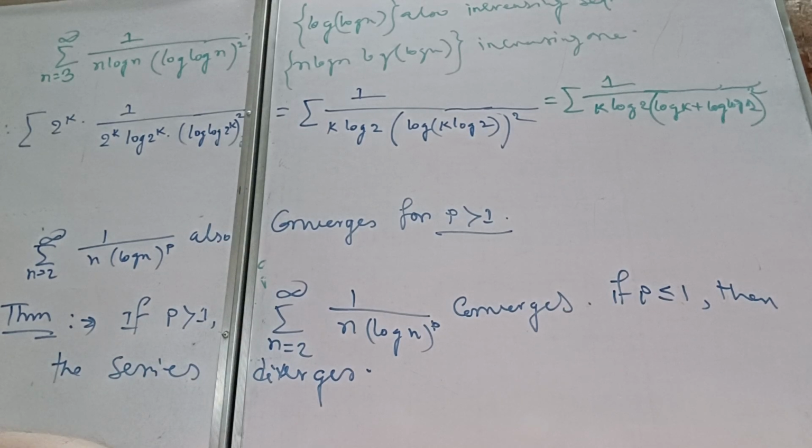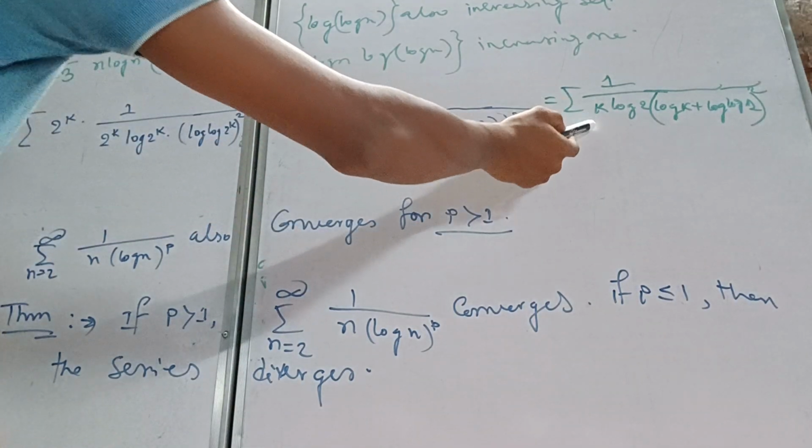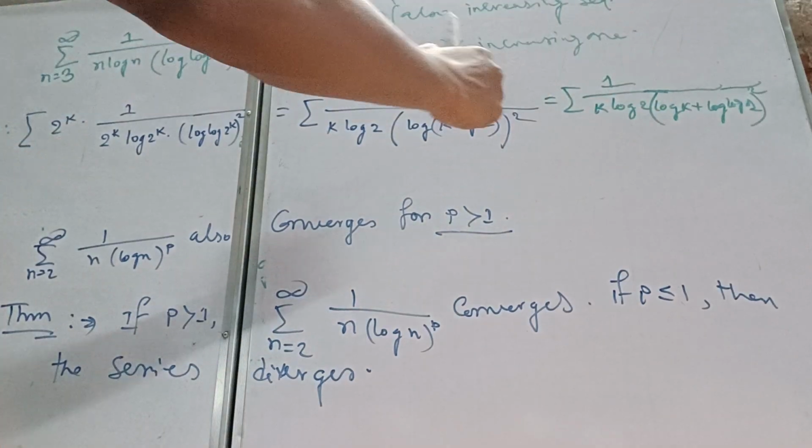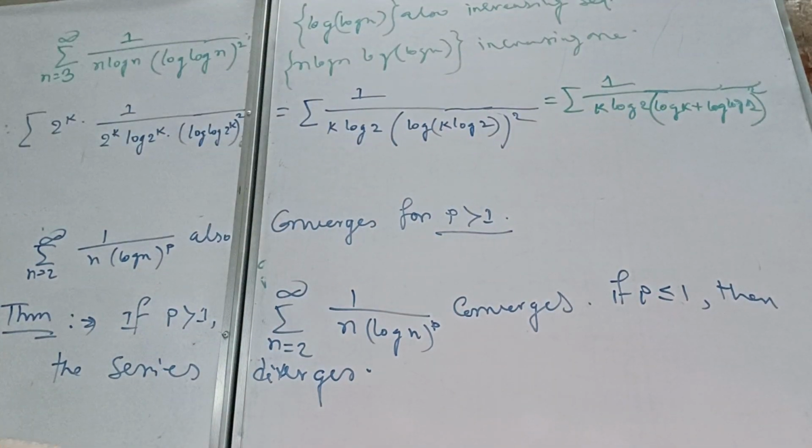Then what happened? Just think about that. This one is k (log k) squared. Just some constant is added, and this one is constant multiplied. Not a problem at all.